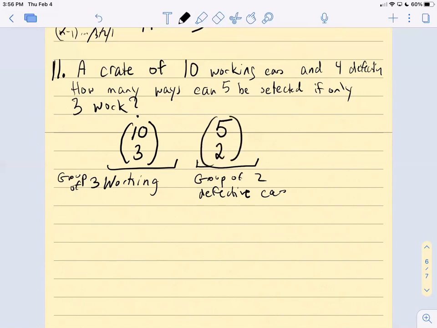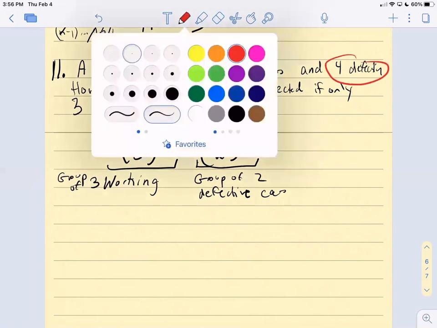But very good. Well, we don't want to do 7. My bad, I'm really sorry. There's 4 defective. So out of the 4, these are the 4 and these are the 10 here.